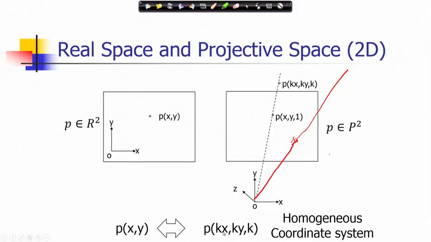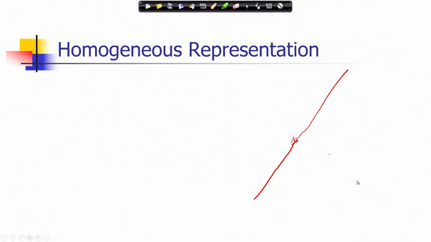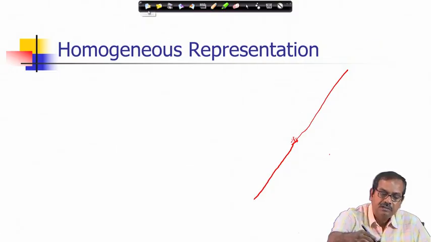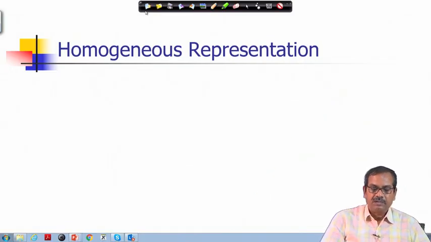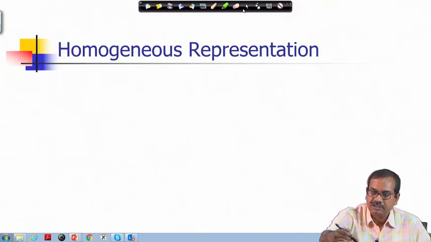If all other coordinates are divided by this scale, you get the non-homogeneous representation which has a direct relationship with the two-dimensional plane. Let us understand a bit more about this homogeneous representation.